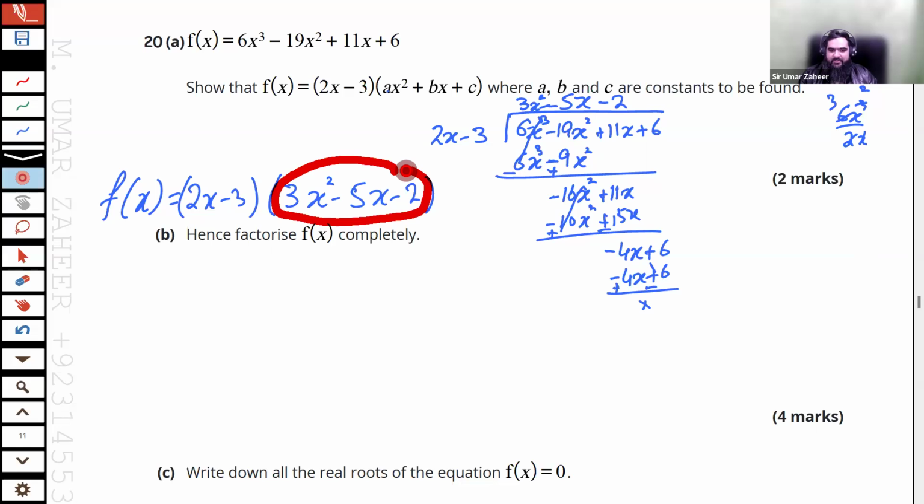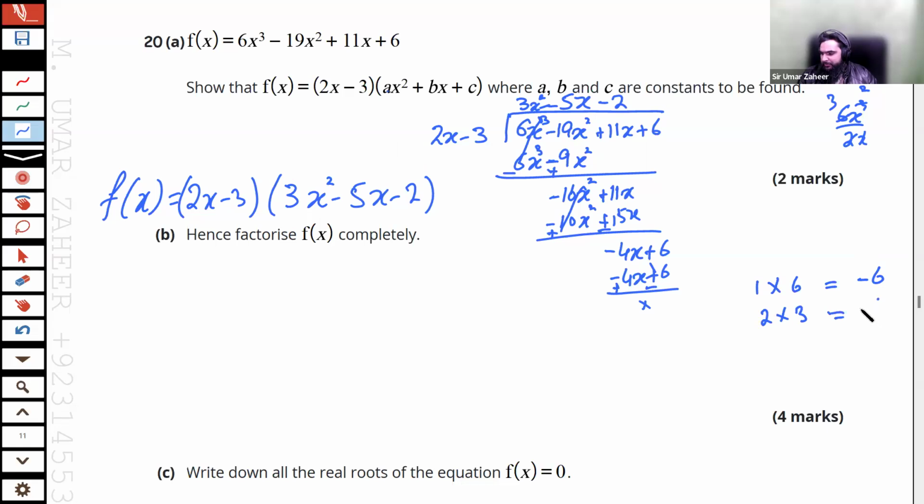So we are going to do the middle term breaking here. For the middle term breaking, we multiply the constant value with the coefficient of x squared. So minus 2 multiplied by 3 will be minus 6. All possible pairs are 1 multiplied by 6 and 2 multiplied by 3. We have a negative sign, so the bigger term is negative and the smaller term is positive. Which is a suitable pair?